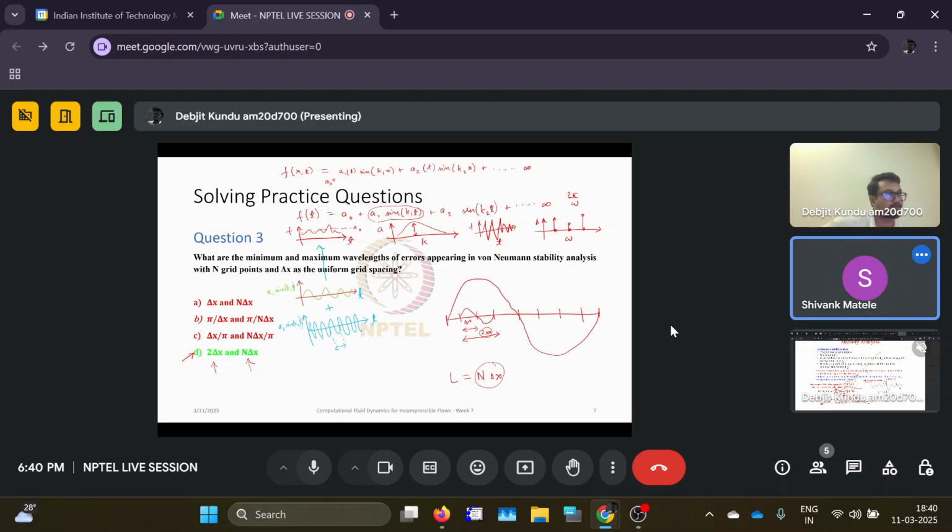I'm trying to relate it to this curve. Your time period is this, the wavelength, and your frequency would be 1 by tau.